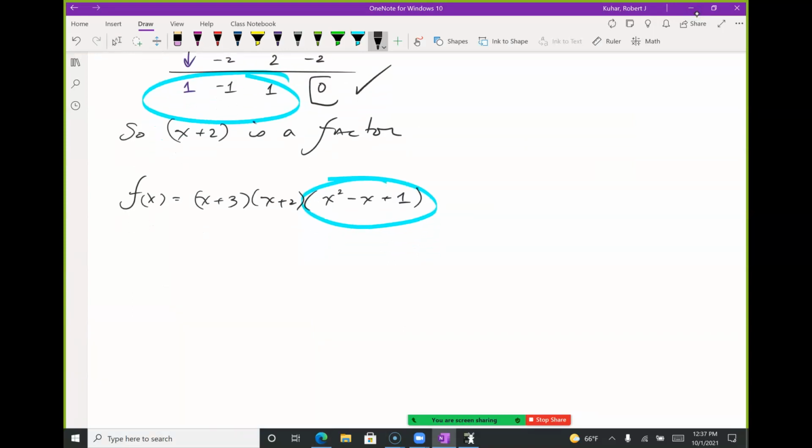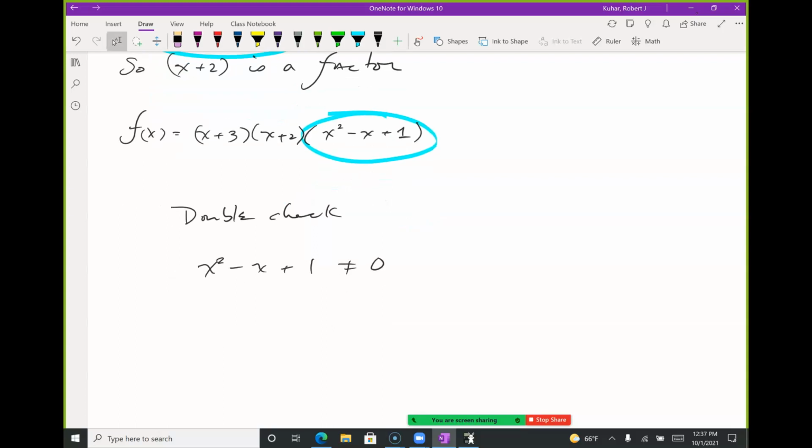So let me double check that x squared minus x plus 1 does not equal 0 ever, right? I could either complete the square to solve this, or use the quadratic formula. Any preference? Complete the square, sure. So x squared minus x equals -1.